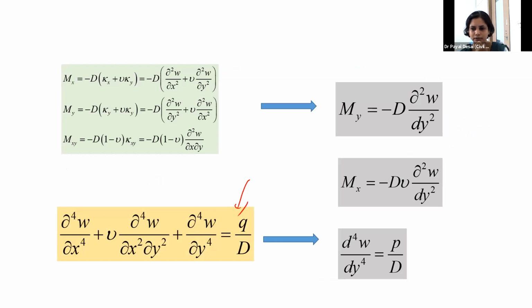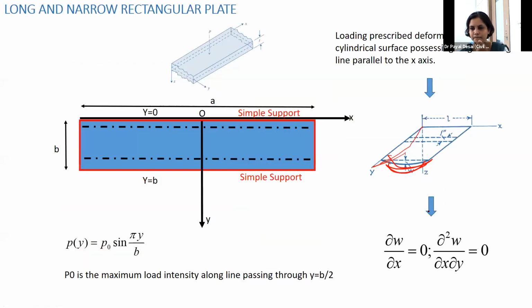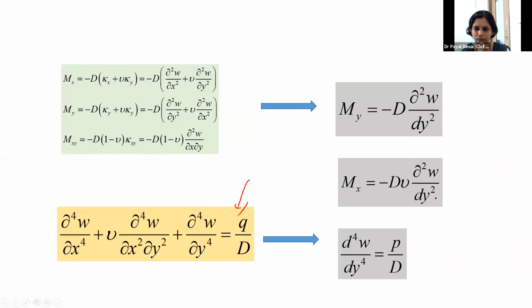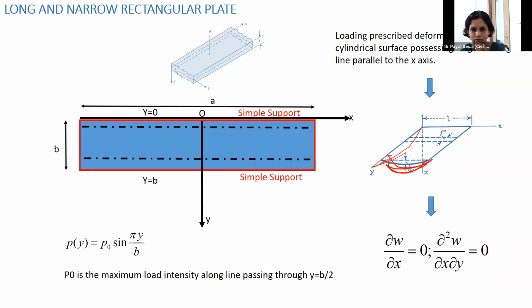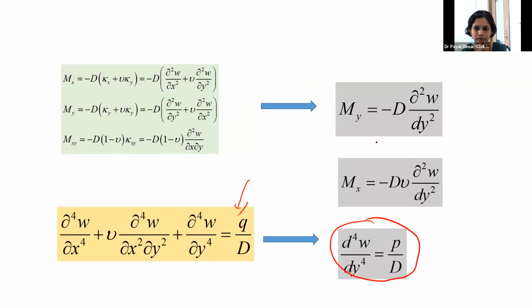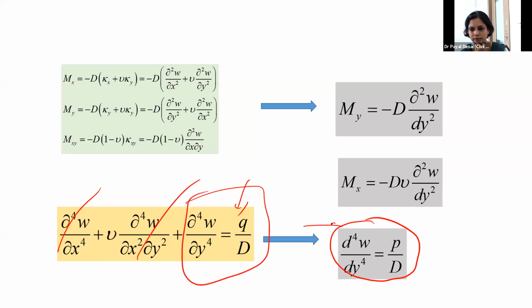So our plate equation becomes, with respect to y, the bending, because the loading varies. Sorry, this is your y direction. Here it is showing the other way around. So this is your y direction and this is the x direction. So in the y direction, you get the differential equation. I have removed the remaining quantities, only the y, and this you can simplify.